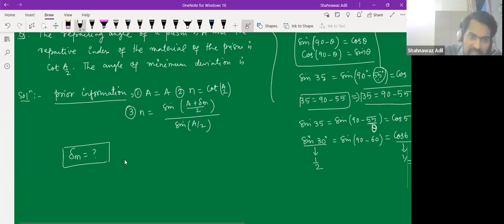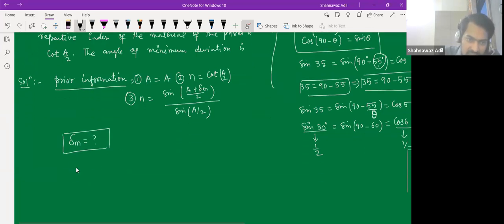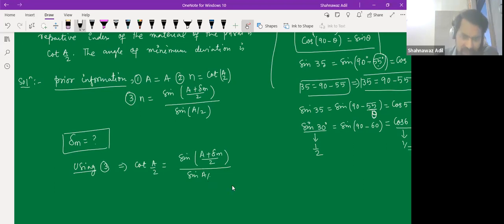Using the third relation, n is cot A by 2, and this is sine of (A plus delta m) by 2 over sine of A by 2, right? And how much is cot theta?